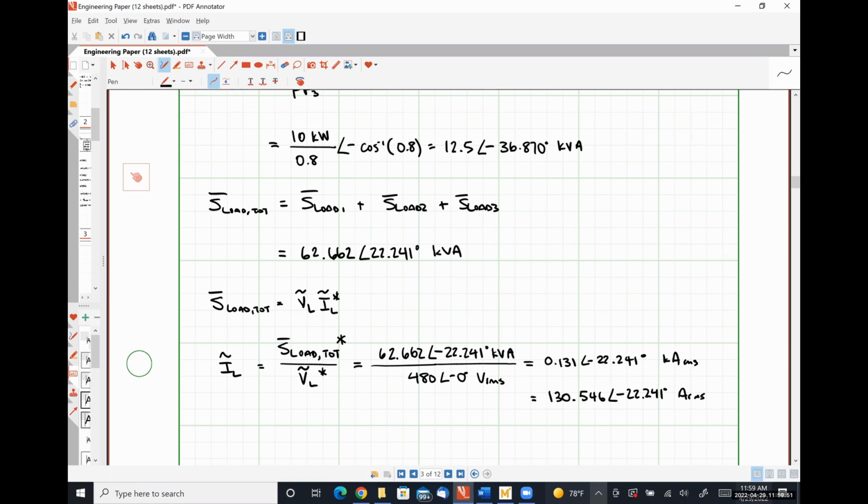So you are correct that the current is lagging the voltage through our composite load by 22.241 degrees. Yes. All right, so from here, calculating the complex power absorbed by our transmission line is fairly straightforward. It's very similar to what we did in our last problem.